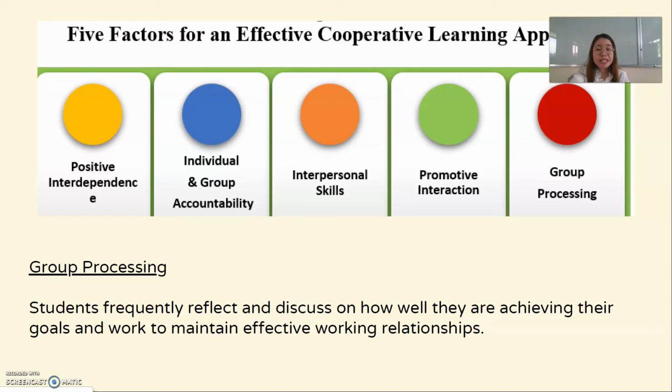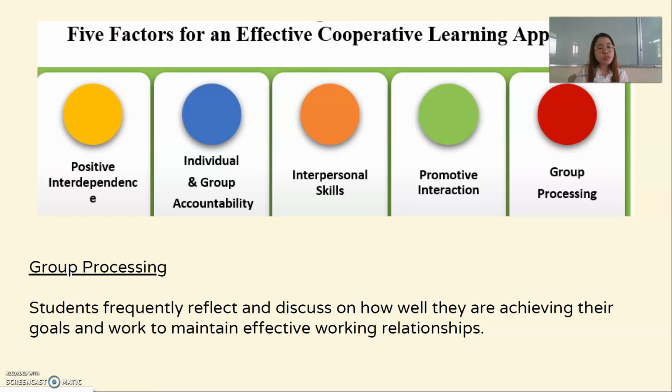The teacher will ask these questions specifically. What went well with your group? What are the things that you think have helped you in achieving your goal? What techniques did you utilize as a group that contributed to your success?